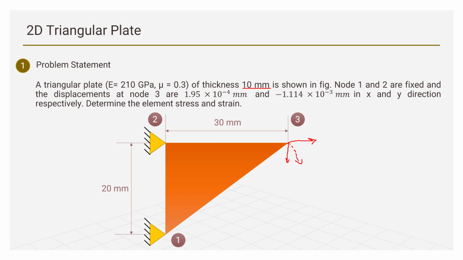Now based on deformation we find out other variables, which are known as secondary variables. In the secondary variables, based on deformation, we'll find out strain, and after that we'll find out stress. So stress and strain are secondary variables.